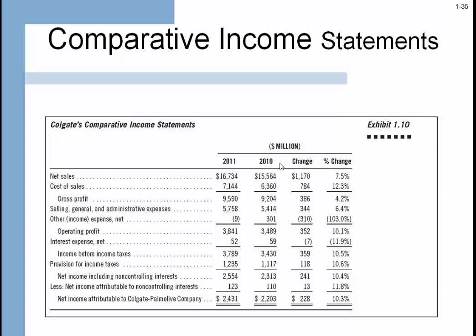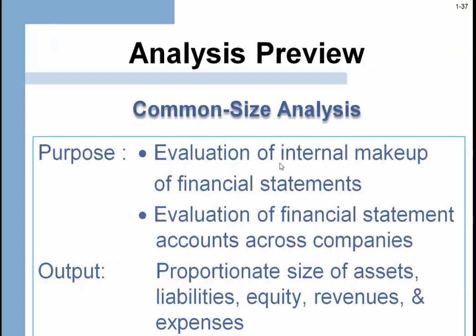The gross profit percentage is going to go down. So what you want to do is look at each one of these line items and try and understand what happened within the business. First within the business, but then also maybe comparing it against their industry peers.